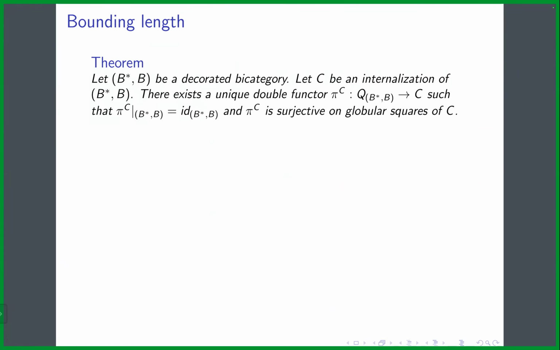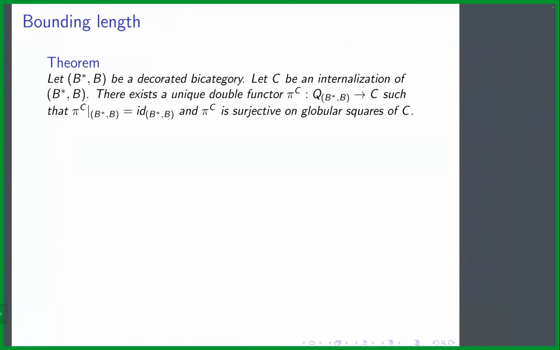So if C is a globularly generated internalization of (B*, B), then there exists a unique double functor π_C from Q(B*, B) to C, such that π_C restricted to (B*, B) is the identity of (B*, B), and π_C is surjective from globular squares of Q(B*, B) to globular squares of C.